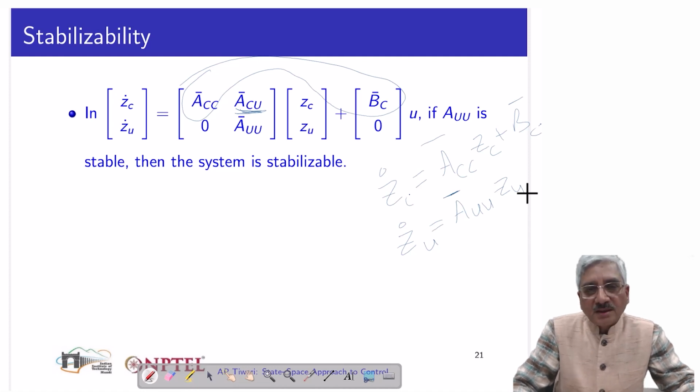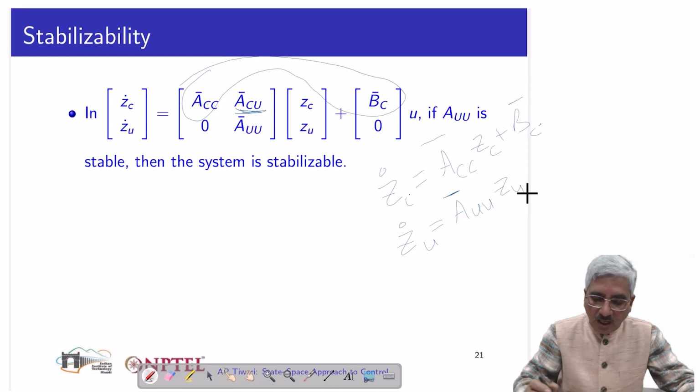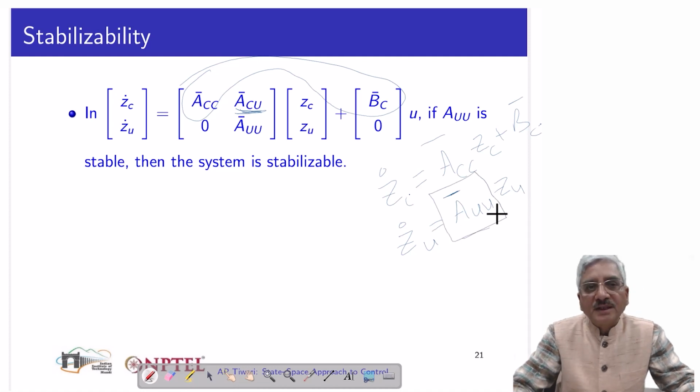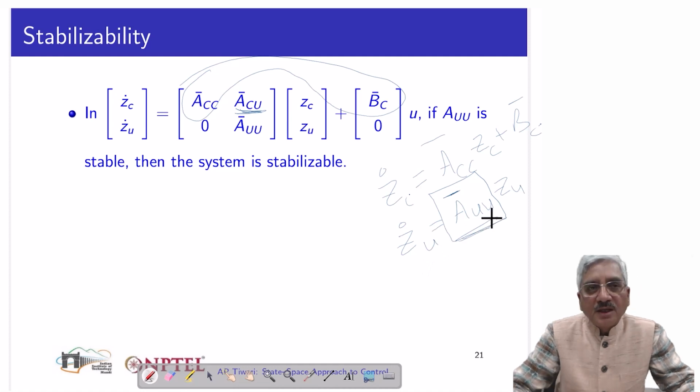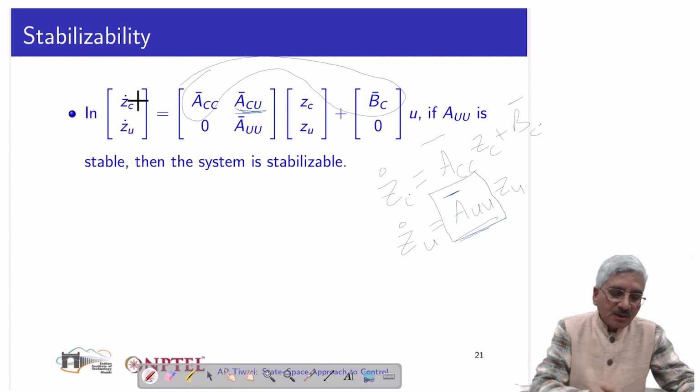Now, if the eigenvalues of AUU bar have negative real parts, then these states ZU will decay as time progresses to infinity, and their contribution to the dynamics of ZC will become 0.